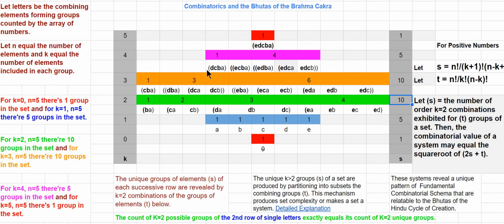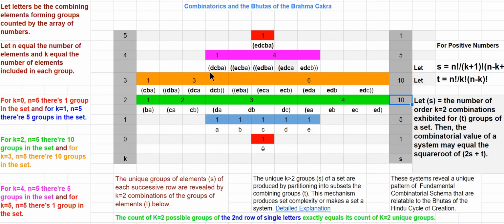But again, limiting the k equal 2 groupings to elements included in the subsets with the counts 1, and for the 4, 1 plus 3, and the 3 equals 1 plus 2. So let's look at what's possible.